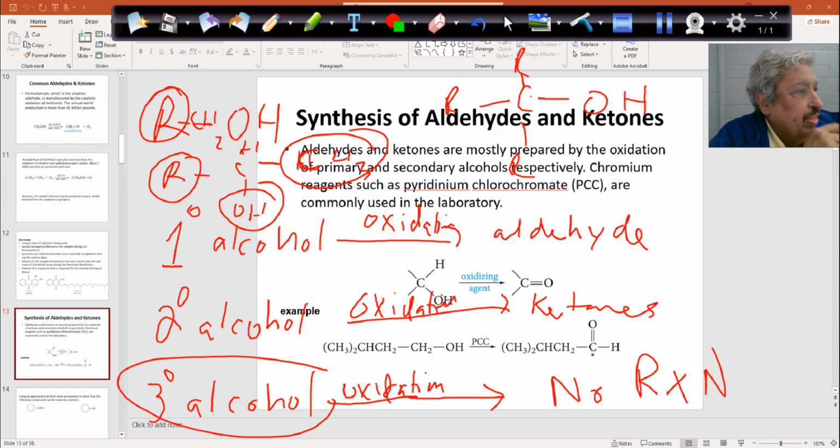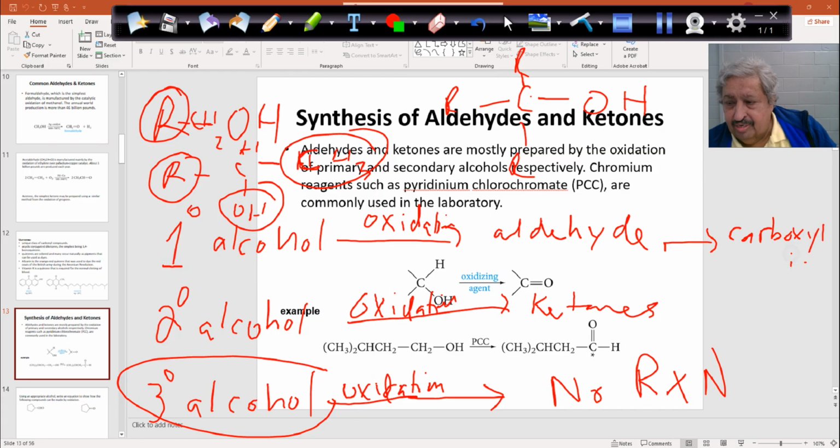Question. Yes. I'm sorry, but for the primary alcohols, sometimes it says that it can give us the carboxylic acid instead, right? Carboxylic acid, this one here can go to carboxylic acid. Is it further oxidation? Yes, further oxidation, yes. And ketones, no reaction.